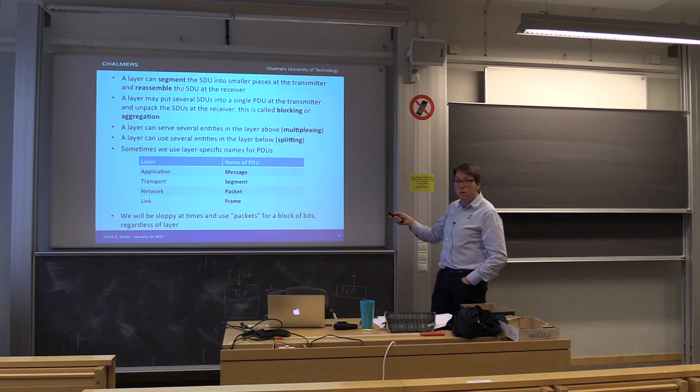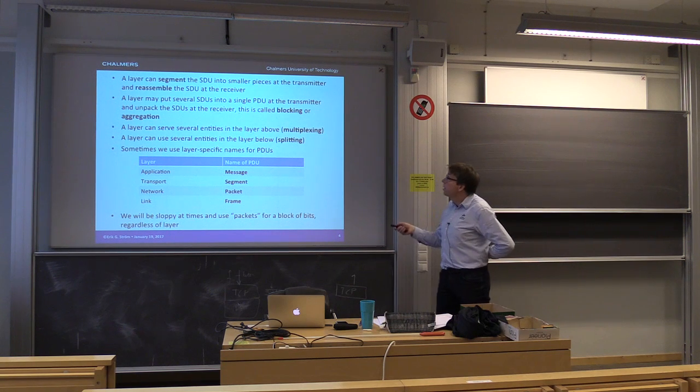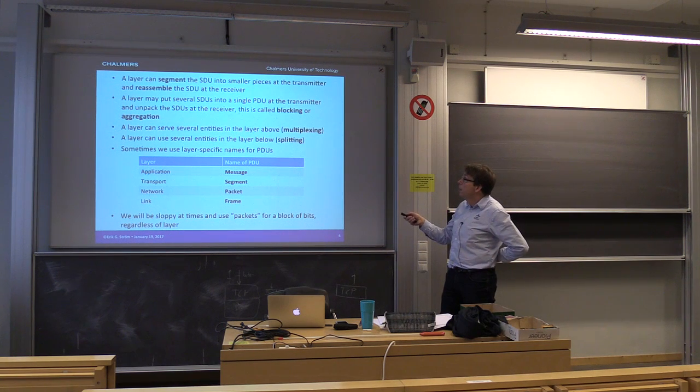We can segment SDUs, which means that if they are too big, we can split them apart and send them individually and reassemble them at the receiver. A layer may put several service data units in a single protocol data unit, and this is called blocking or aggregation.